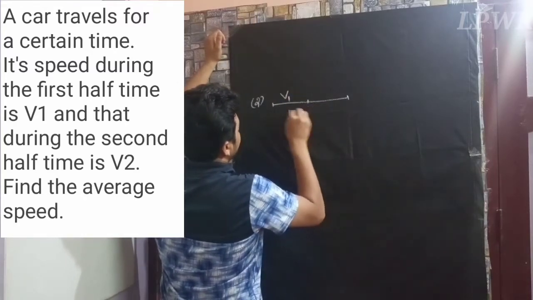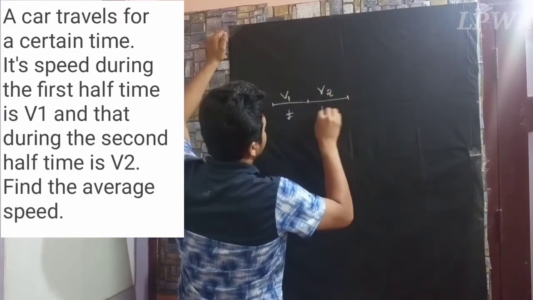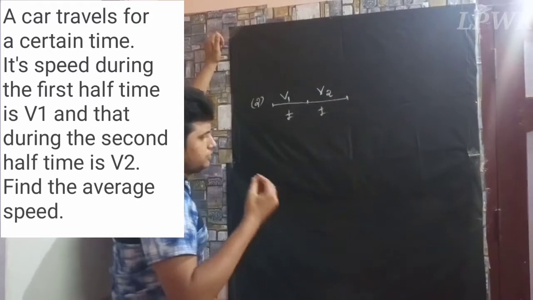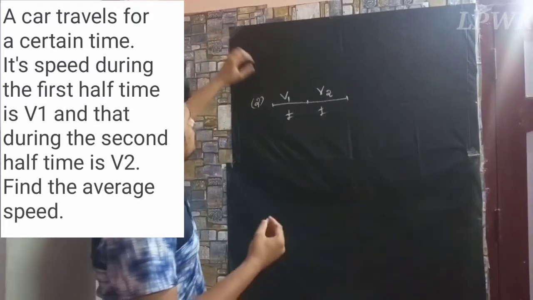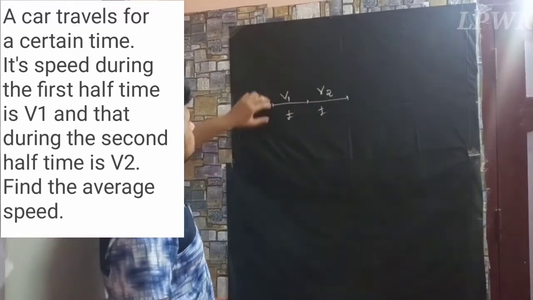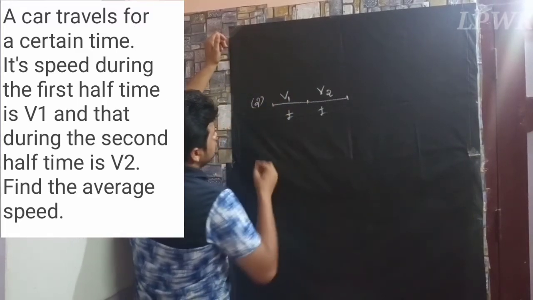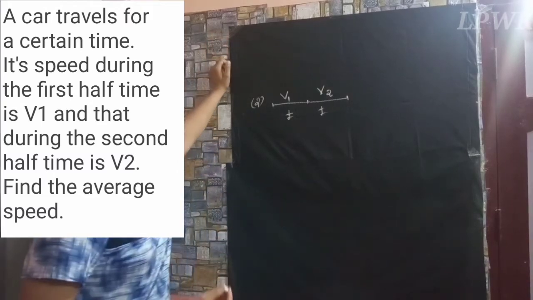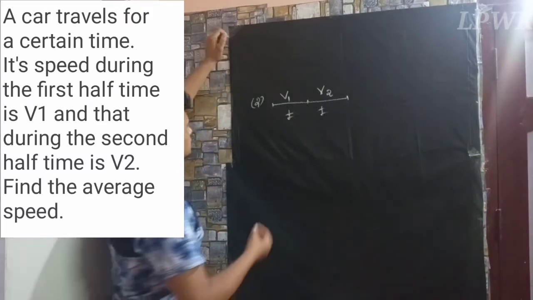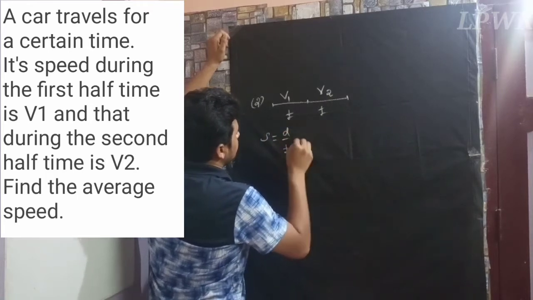So time will be constant, and v2 in the second half of time. So first of all, we need to find the distance for both speeds. Okay. So to find the distance, we can apply the speed formula. The speed will be the distance by time.